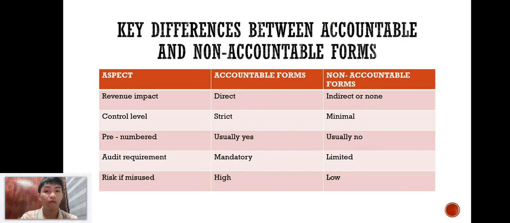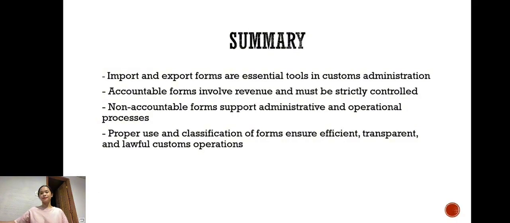Misuse of accountable forms can result in serious financial loss, corruption, or legal violations. Therefore, organizations ensure strong security measures for these documents. Non-accountable forms carry lower risks of misuse since they usually involve routine administrative functions rather than financial transactions.